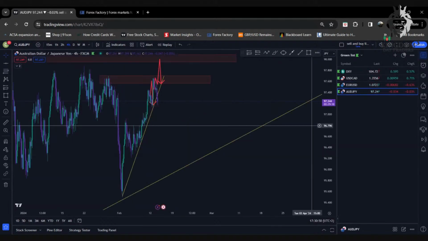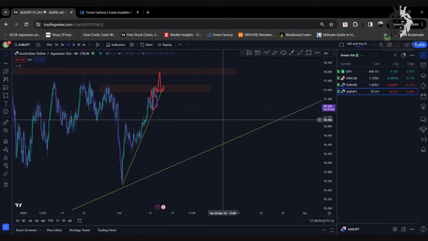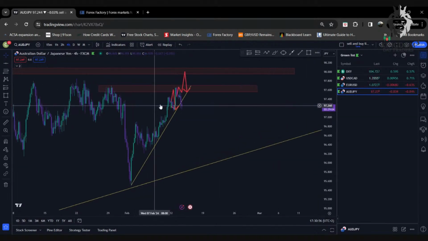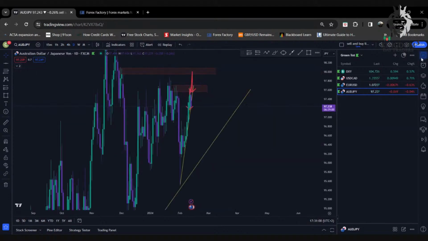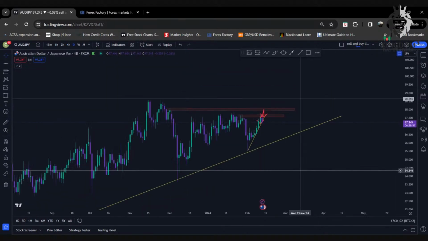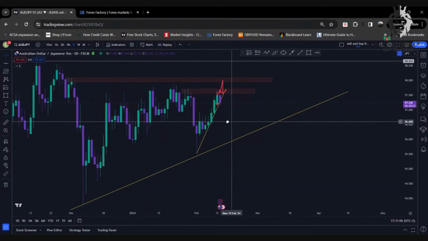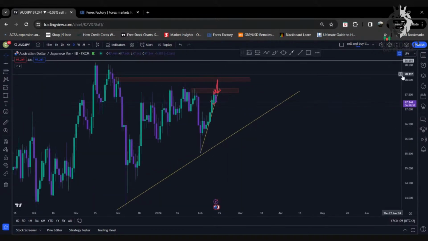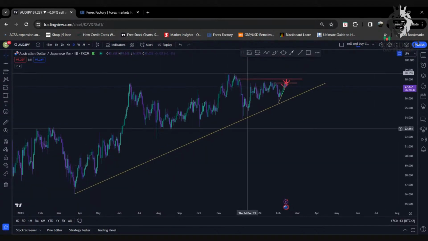And now we come into our last symbol for this week, which is AUD JPY, right? With that, we didn't analyze this pair in quite some time. And this is on a daily time frame, right? And with this daily time frame, we can see an uptrend happening, right?